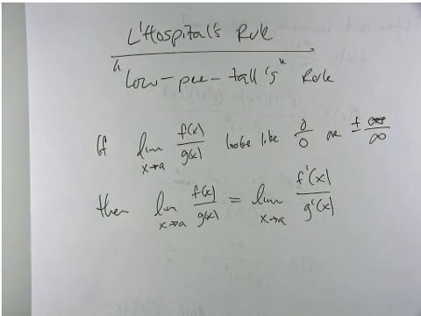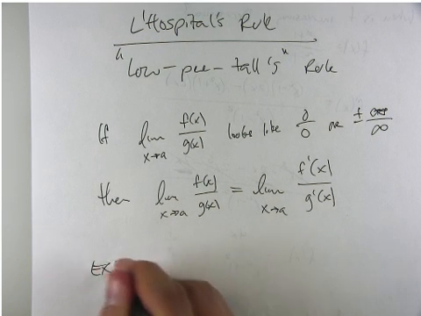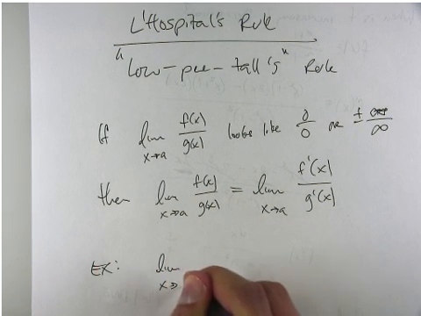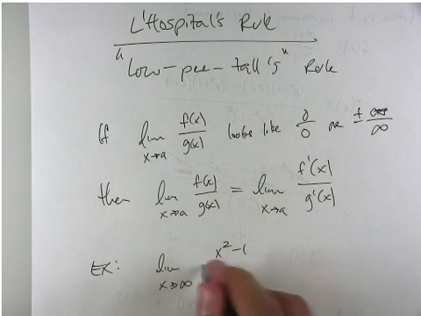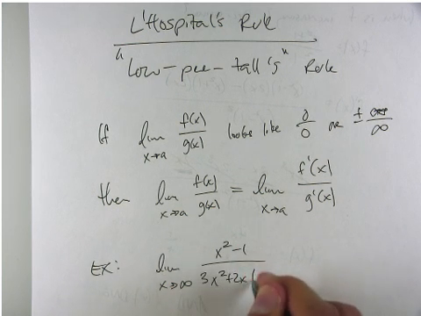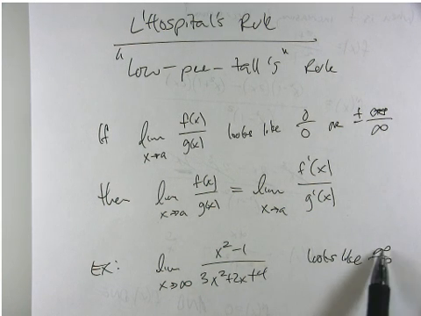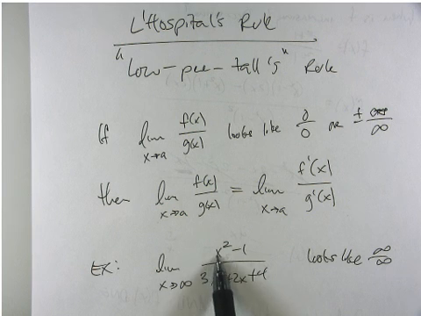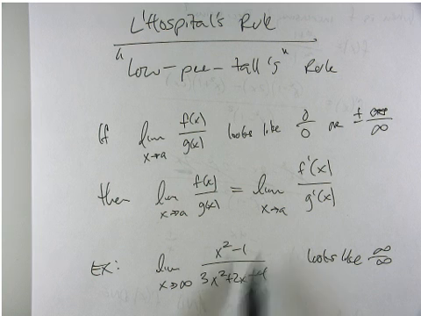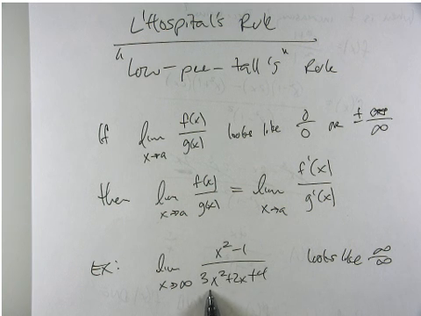So if we looked at that same function that we were looking at before, the limit as x approaches infinity of x squared minus 1 divided by 3x squared plus 2x plus 4. This looks like something infinitely large divided by something infinitely large, because polynomials follow the behavior of their leading terms, so this is going to look like 3x squared, which gets infinitely big.